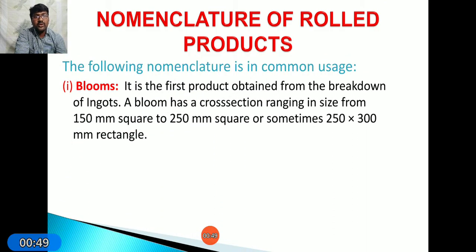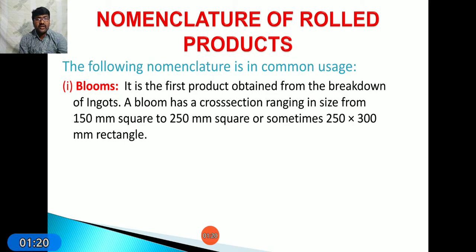First, coming to blooms, it is the first product obtained from the breakdown of ingots. A bloom has a cross section ranging in size from 150 mm square to 250 mm square. Sometimes it will be a 250 by 300 rectangle. We prepare the blooms from the ingots by reducing the cross section using the rolling process.